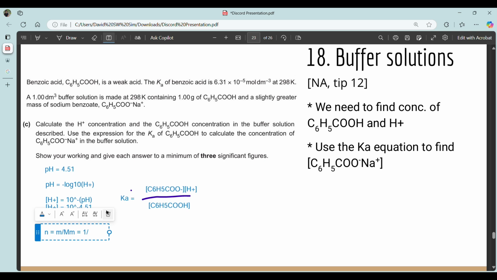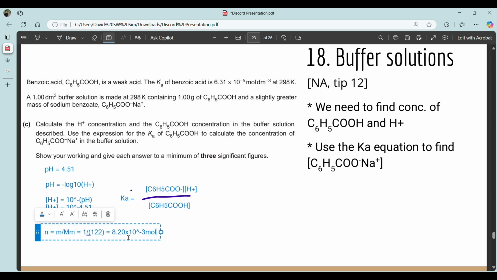So in this case, it's 1 divided by the molar mass of C6H5COOH, which is 1 divided by 122. Basically equals 8.20 times 10 to the power of negative 3 moles.